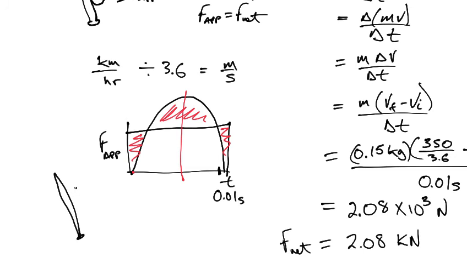But the ball would be deformed because the bat would be hitting the ball so hard that the ball would be kind of ovalized in that instant in the middle here. But the time from, let's say, from here to here would be very short, so 0.01 seconds.